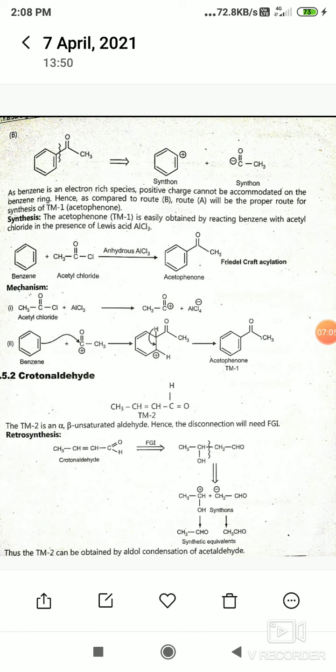These two are synthons. Then in second step, benzene reacts with the acylium ion, then the formation of acetophenone as a product.